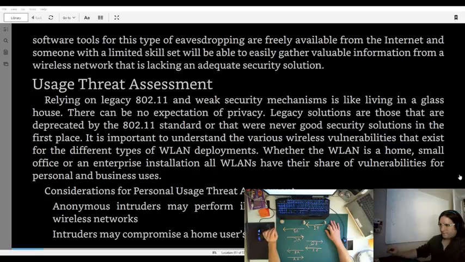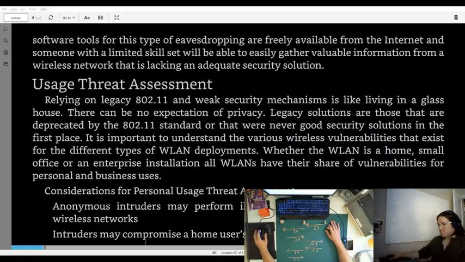Considerations for personal use threat assessment. Anonymous intruders may perform illegal computer activities through an open wireless network. Intruders may compromise a home user's privacy.